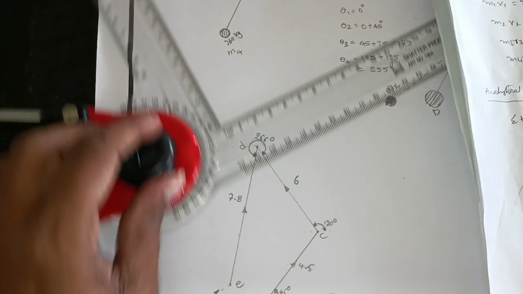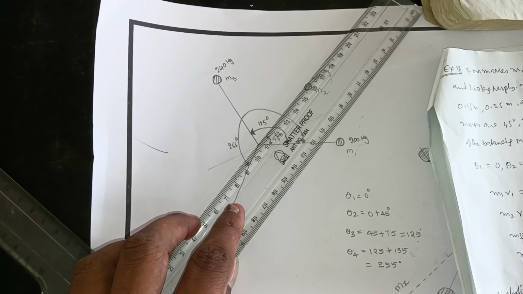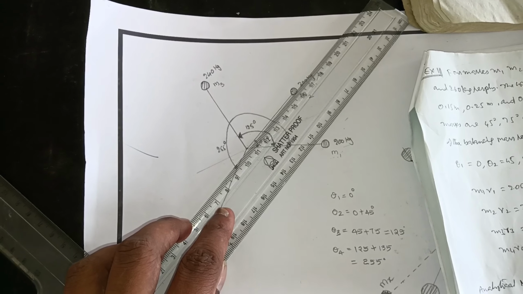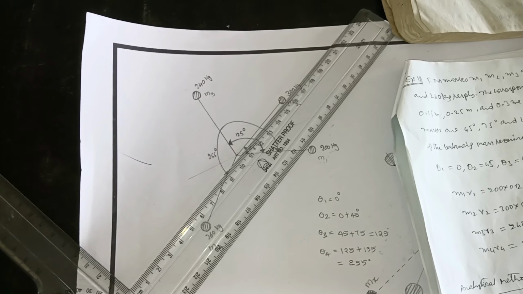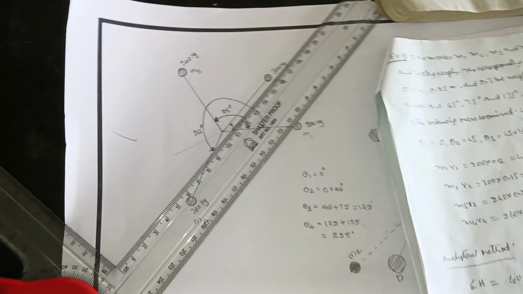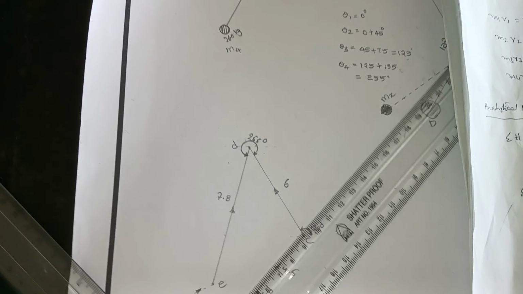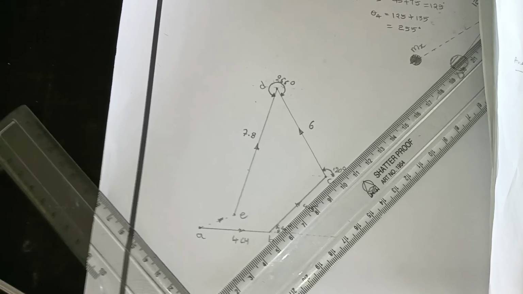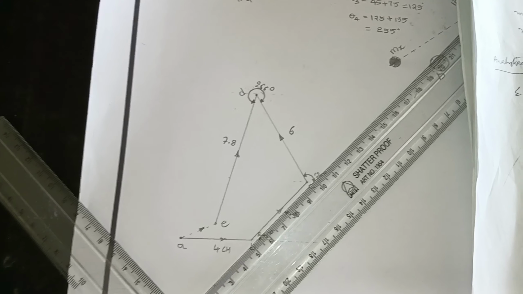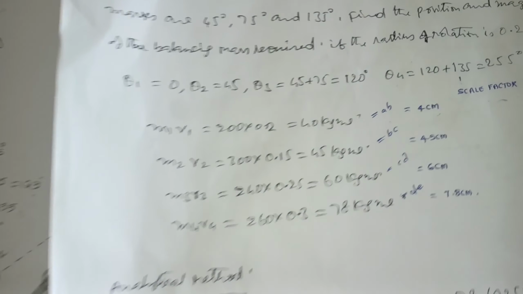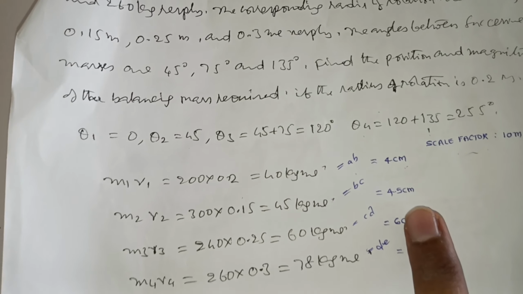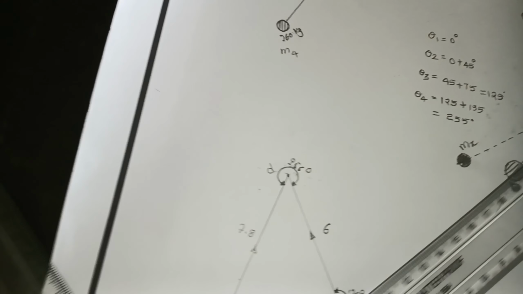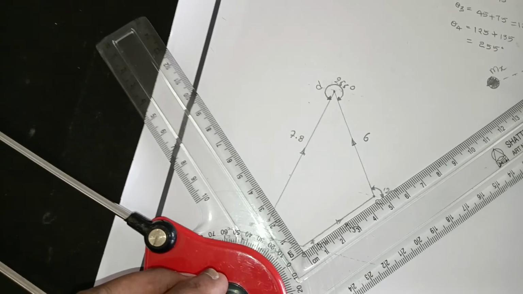This line and this line should be parallel. What is the length of BC? BC is 4.5 centimeters. Take 4.5 centimeters in this direction.